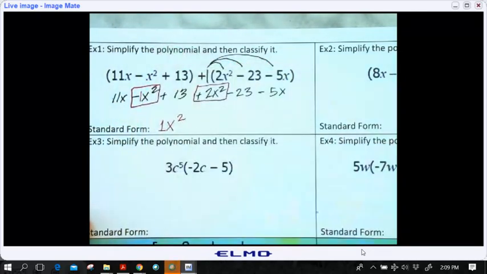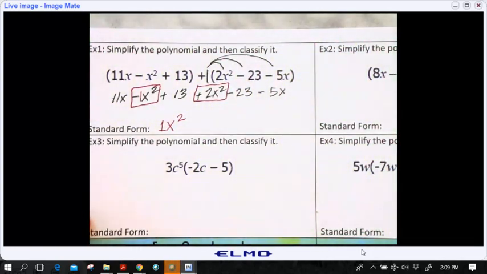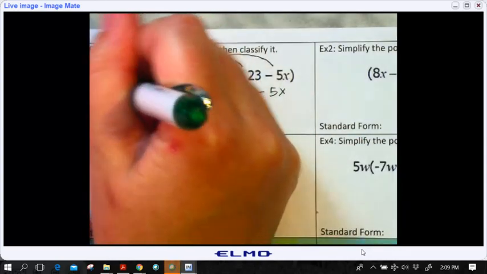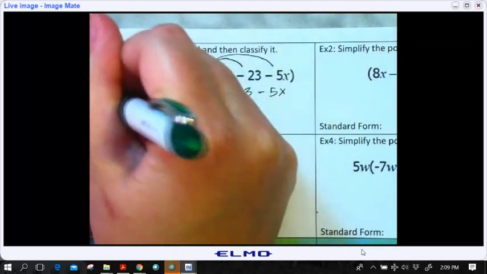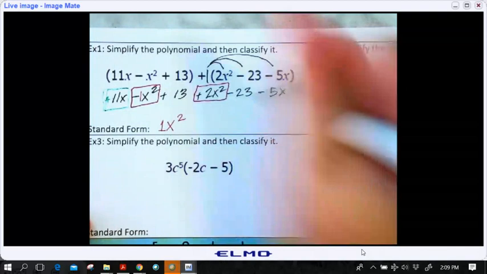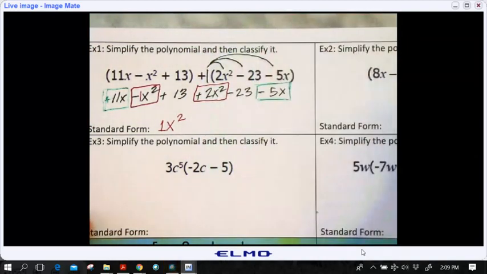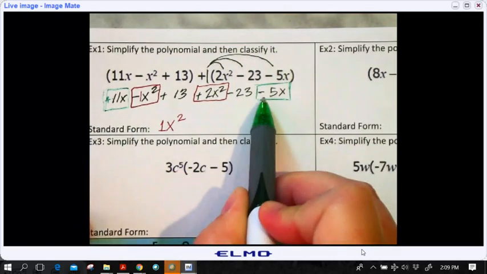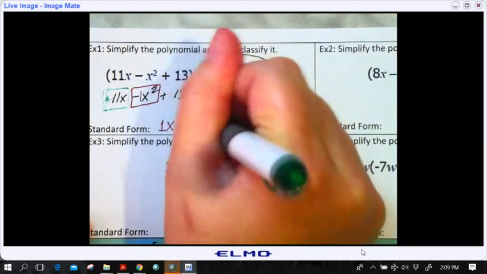You don't have to put the 1 in front of it, but I choose to. Next, what is the next lowest exponent? It is x to the first power. So I have this 11x, and that is positive because there's no sign in front of it. And I have this negative 5x in the back. So 11x minus 5x is going to give me a positive 7x.